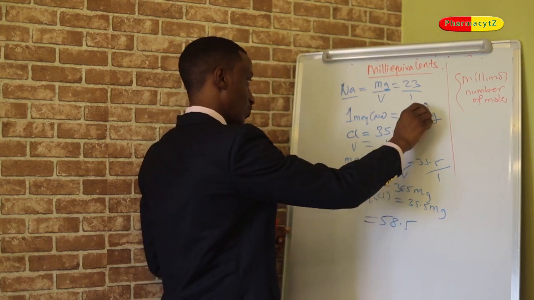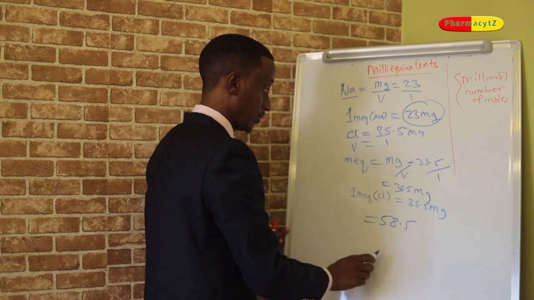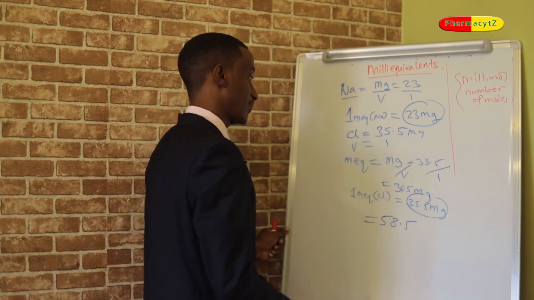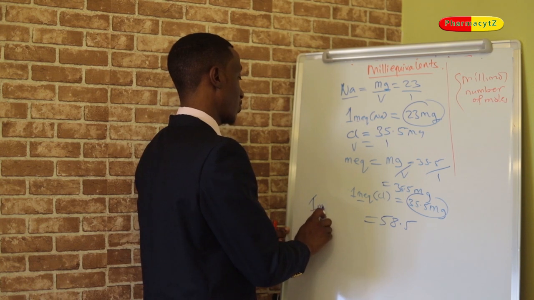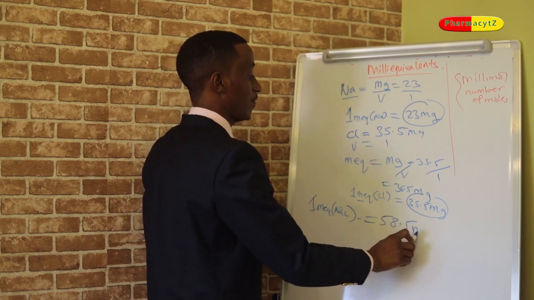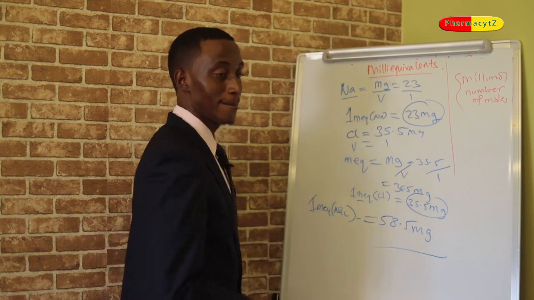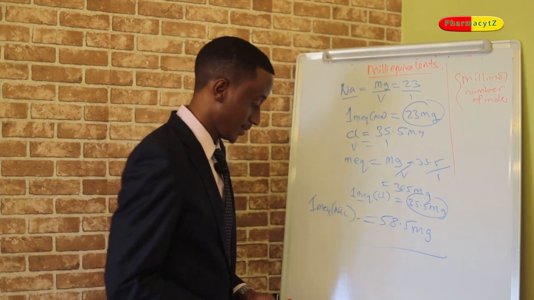Why? This is 23 mg provided by 1 MEQ plus 35.5 mg provided by 1 MEQ. So 1 MEQ of sodium chloride is provided by 58.5 milligrams. It is that simple.